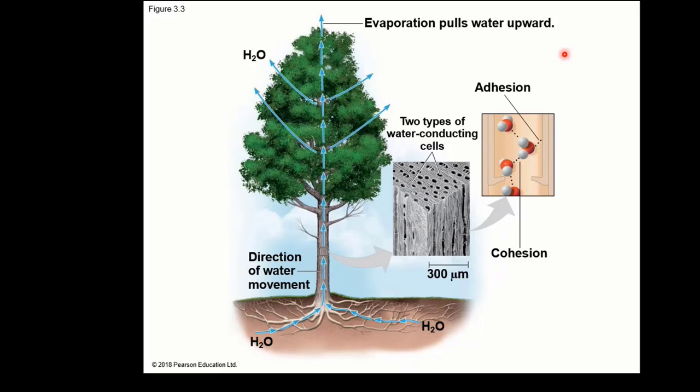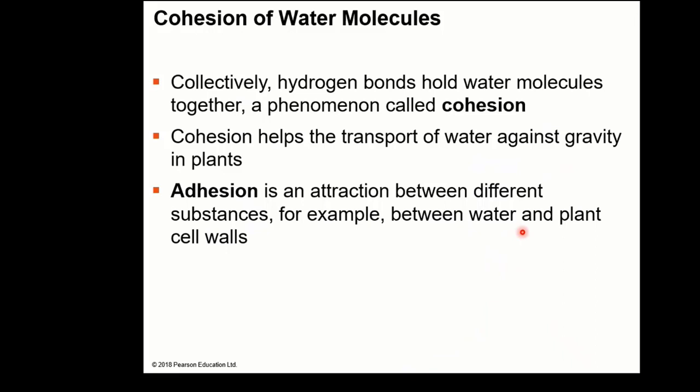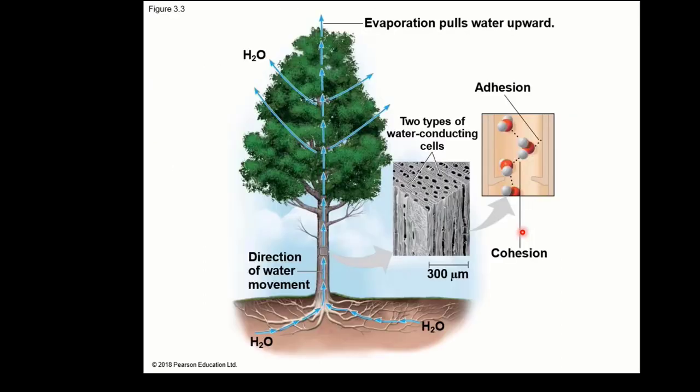The water is conducted in the cells through the process of adhesion, and then there's the process of cohesion, where hydrogen bonds hold water molecules together and help move the water against gravity in the plant.